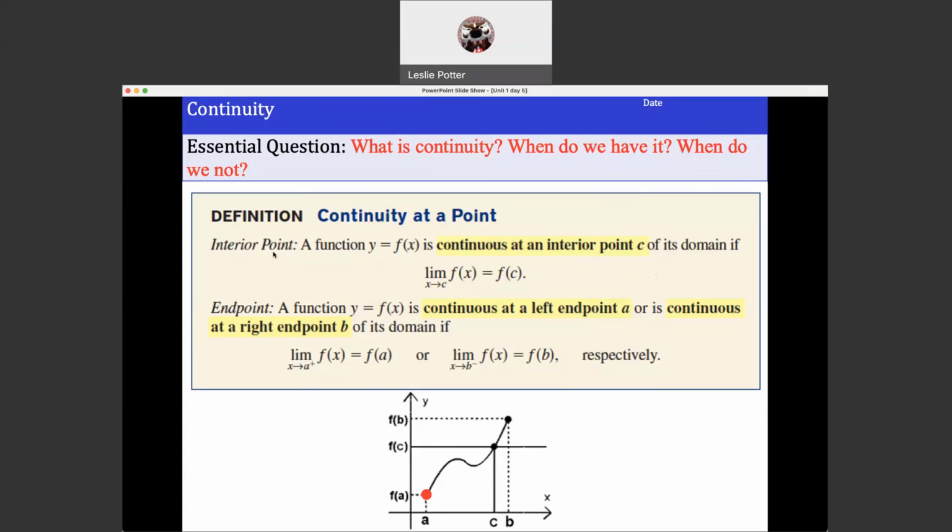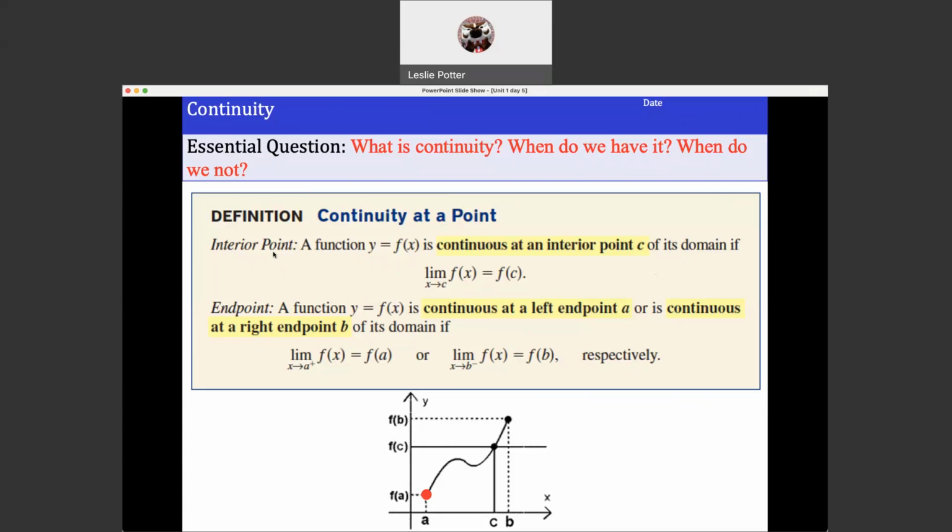If I would look right here between 2 and 5, that's not true. And at 3, the limit is different than the function value. So it would not be continuous in the domain from 2 to 5. In fact, we know it's not continuous. It's got a hole, it's got a gap.